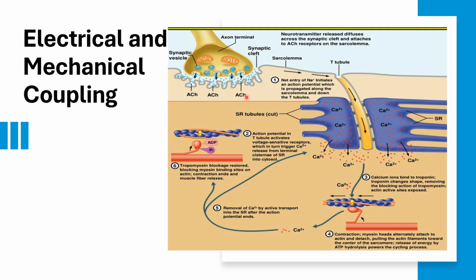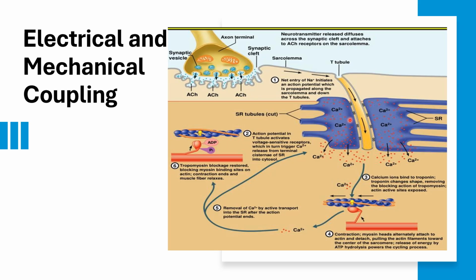If this local potential reaches threshold, it generates a muscle action potential that sweeps across the sarcolemma and dives down the transverse T-tubules. Within the T-tubule membrane lie voltage-sensitive dihydropyridine receptors, which are mechanically linked to ryanodine receptors on the sarcoplasmic reticulum.